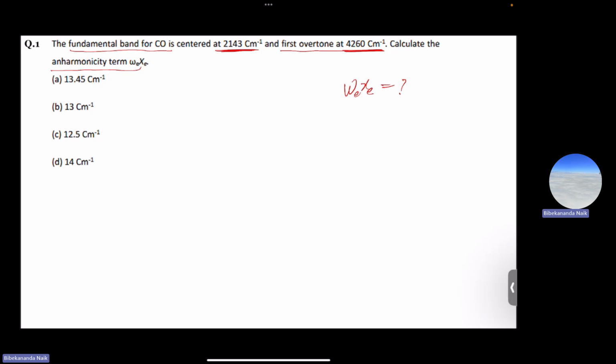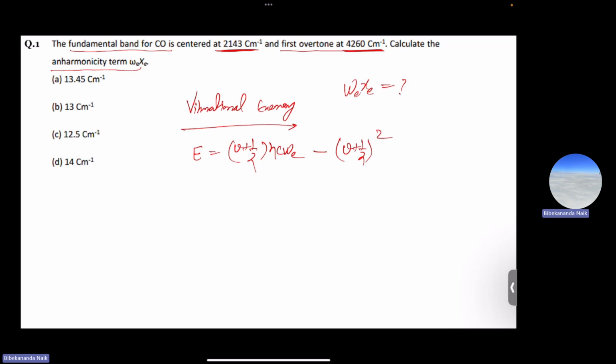So if you talk about the expression for vibrational energy, and you add the anharmonicity term, then it will be v plus half hc omega e, that is in terms of the vibrational constant, minus v plus half square hc omega e xe, where omega e xe is the anharmonicity.